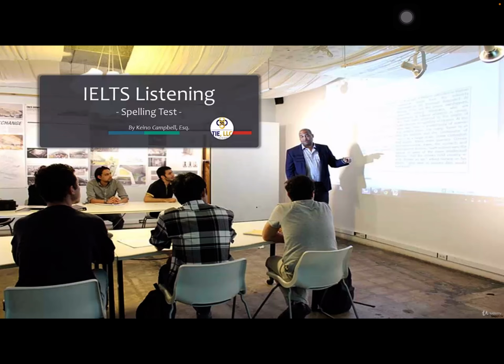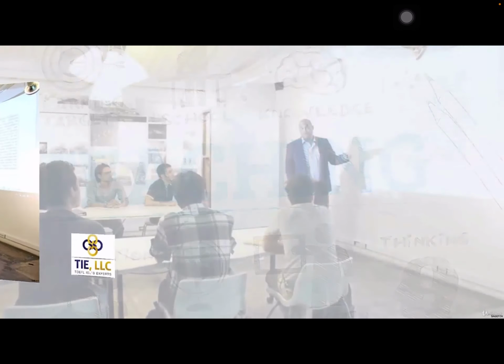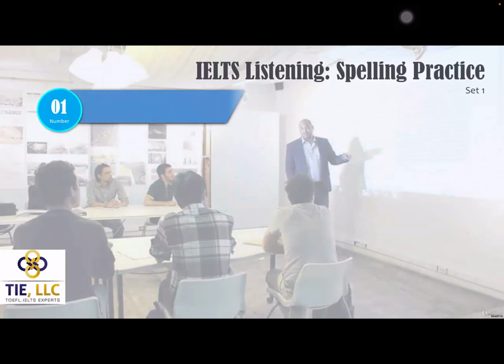So the way this is going to work is I'm going to read the name or say the number as they would on the exam. I'm going to give you a few seconds to write out the name, and then afterwards you'll see the answer right away, and then I'm going to go to the next one. Okay, so let's go ahead and get started.